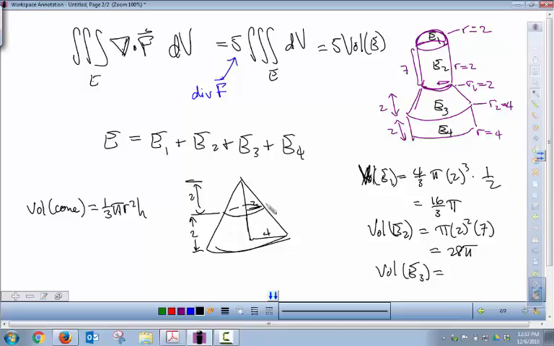So if we take the big cone, subtract off a little cone, the big cone has radius 4 and height 4, minus the little cone has radius 2 and height 2. So the whole thing is just 56 pi over 3.